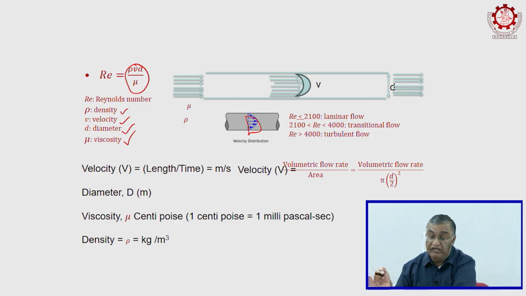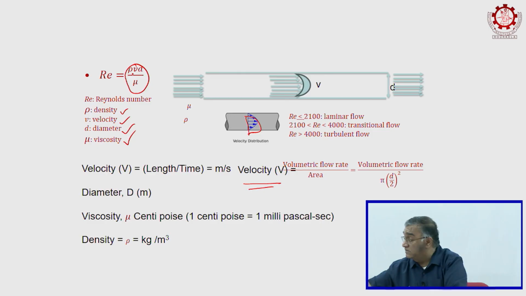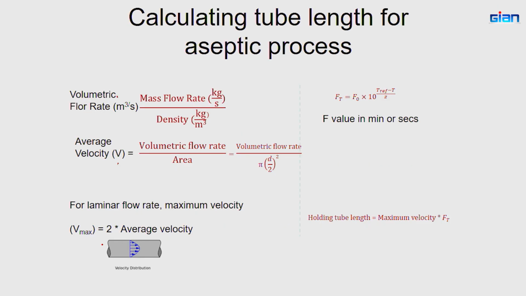So, there are equations as well. Again, from a velocity, you calculate volumetric flow rate, and you also need to look at some of these Reynolds numbers. Once you know your volumetric rate, you calculate the average velocity.